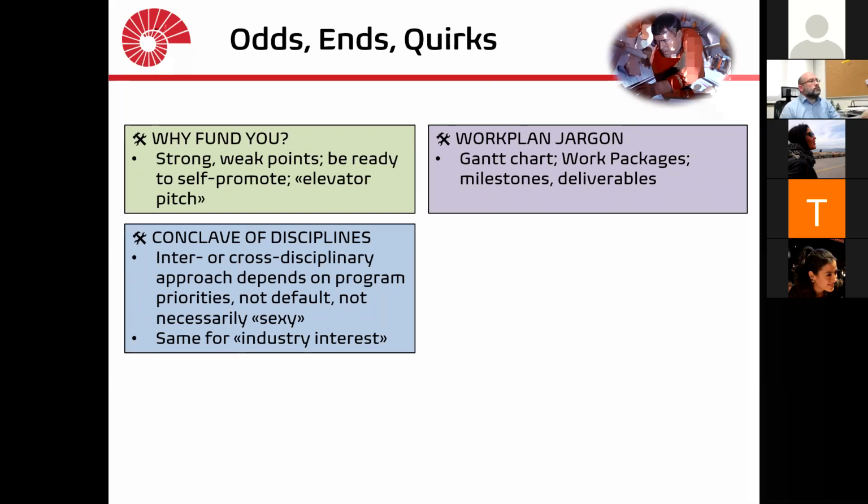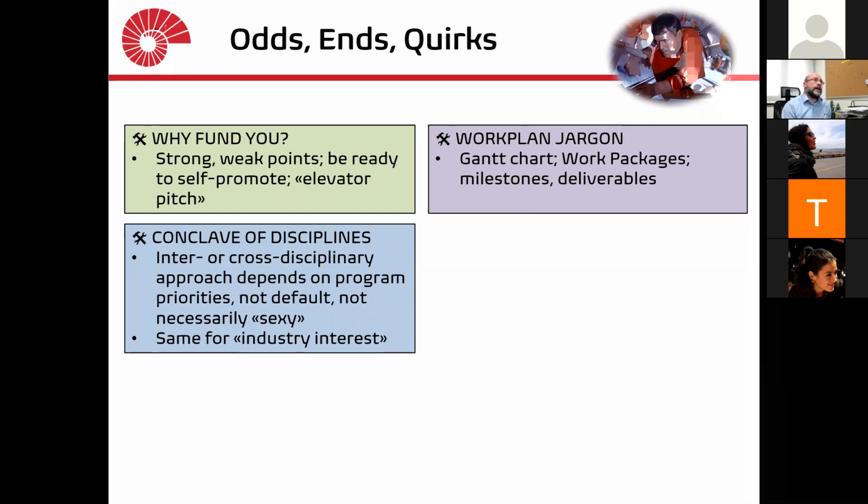Now, interdisciplinary, cross-disciplinary approaches depend on program priorities. So it is not a default requirement. Sometimes there is this preconception about some grant proposals, but it is not always sexy. It doesn't have to be there. If you are an analytical philosopher, you're not always expected to collaborate with archaeologists or historians or computer engineers in your proposal.